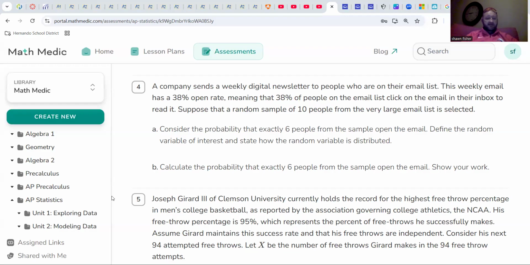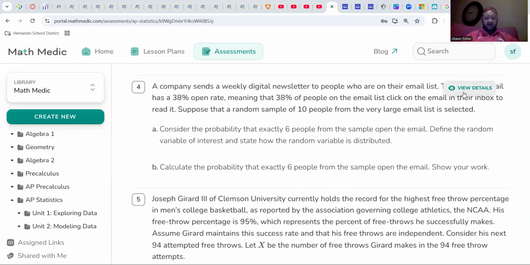How many times? Well, if I want six out of 10, it fails four times out of the 10. There we go. Oh, I did 63. Doggone it. 0.62 raised to the fourth power.